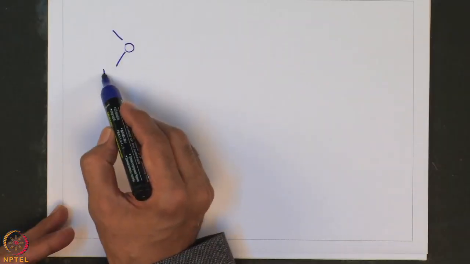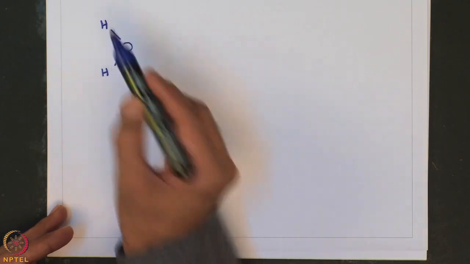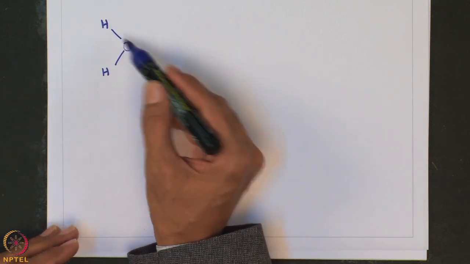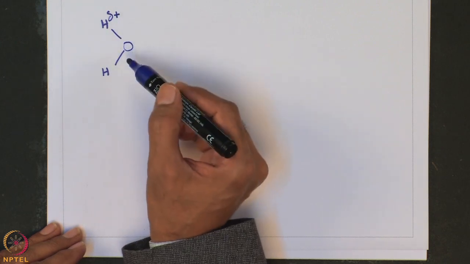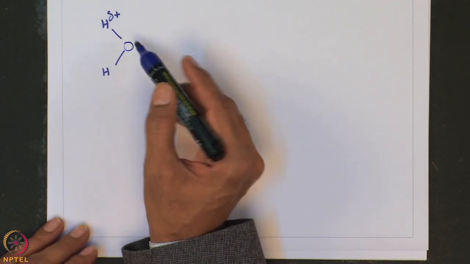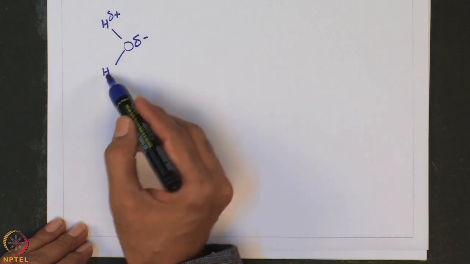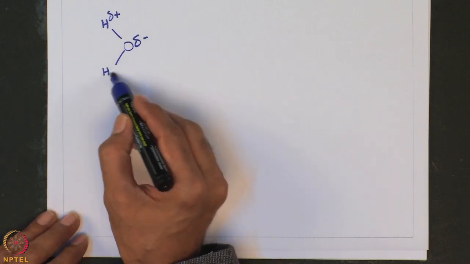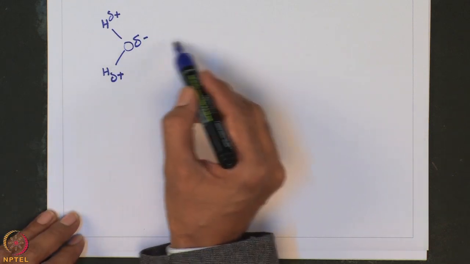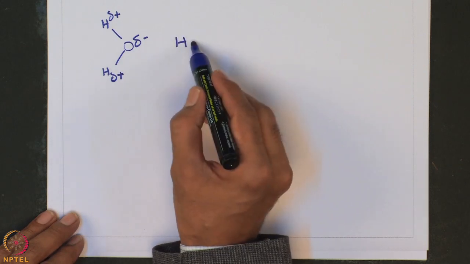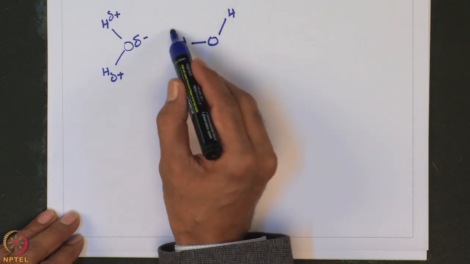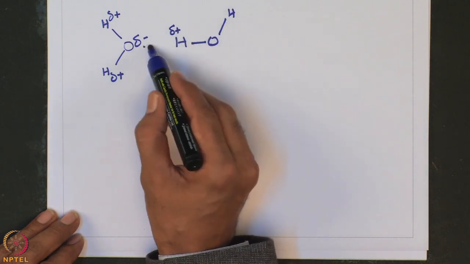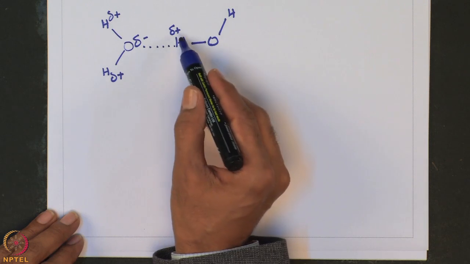If you take a water molecule, we have these polar covalent bonds, and here we all know that because oxygen is more electronegative, it carries delta minus and both the hydrogen atoms carry delta plus. When it comes in contact with another water molecule, it orients in this fashion and establishes an interaction between H plus and oxygen.